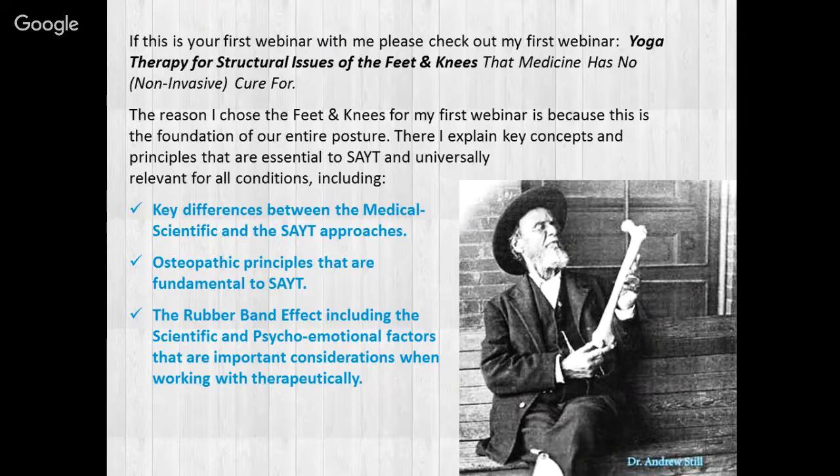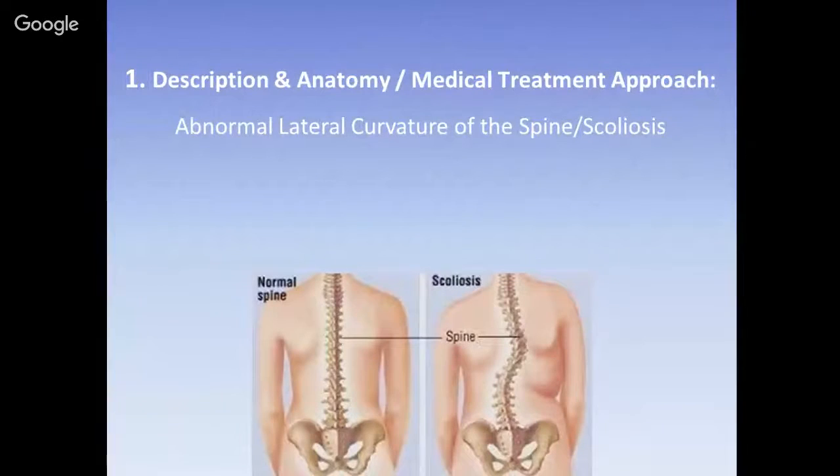And these principles are universally relevant for all conditions, including key differences between the medical, scientific, and the more holistic SAYT approaches. There's some osteopathic principles that are fundamental to SAYT, and we talk a little bit more in depth about the rubber band effect, including the scientific and psycho-emotional factors that are important considerations when working therapeutically with any condition. So first we're going to go over the description and anatomy and the medical approach.